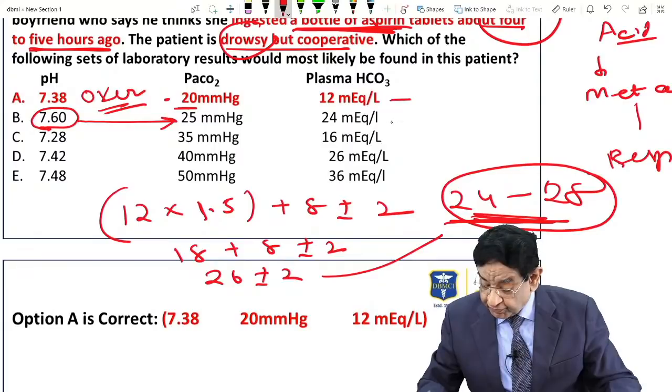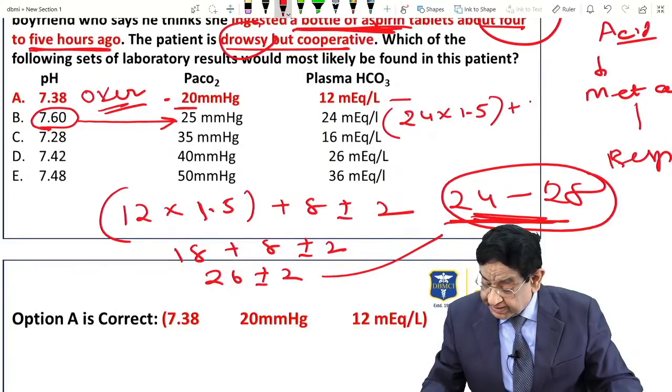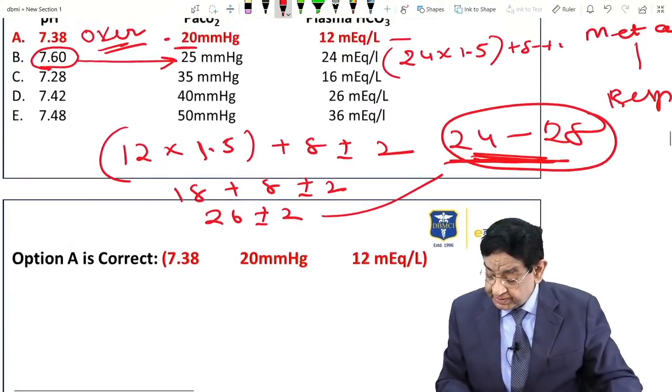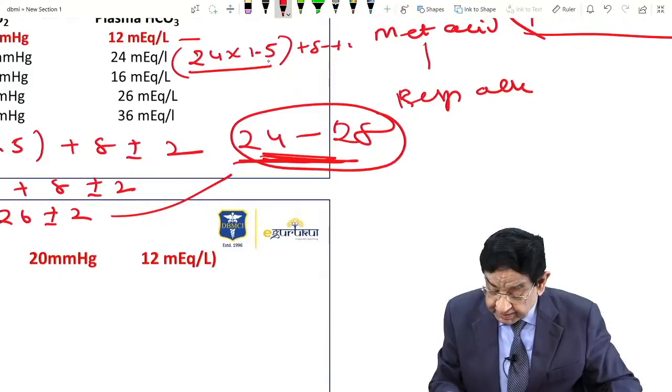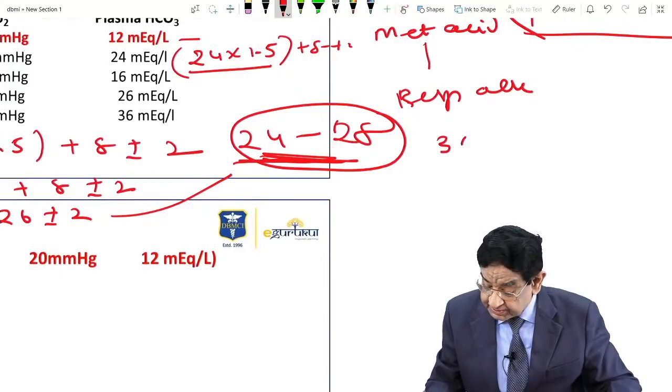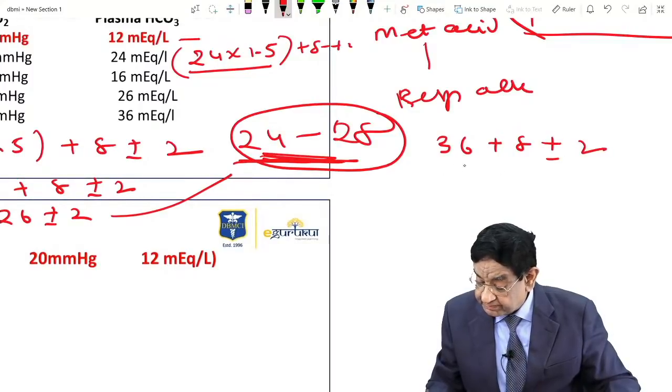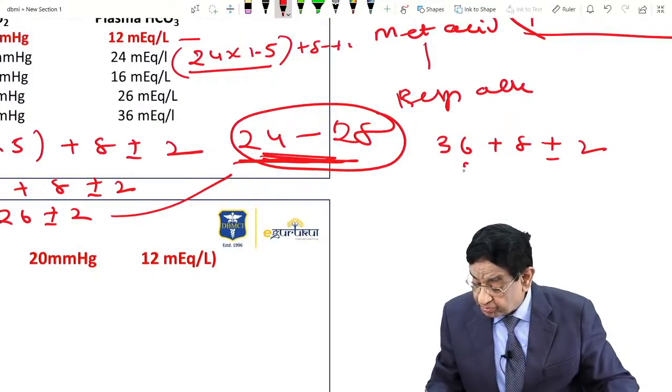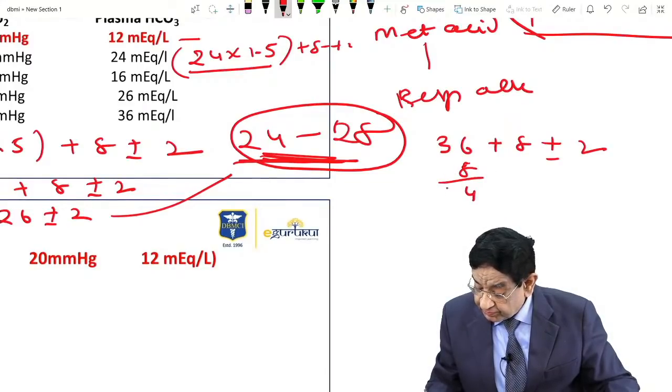If it is 24, if you calculate 24 multiplied by 1.5 plus 8, plus or minus 2, this comes out to be 44 plus or minus 2, 42 to 46.